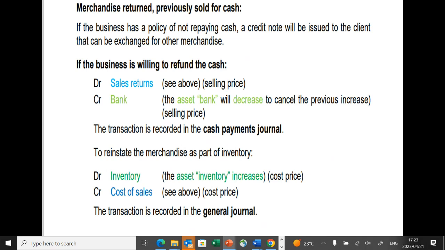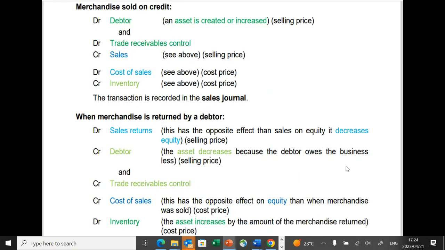When goods are coming back, we need to acknowledge that the inventory that we thought went out has been returned now. So that inventory needs to go up, and then our cost of sales needs to go down. That's why I said there is an error here, because it says credit cost of sales. Oh, it's correct.